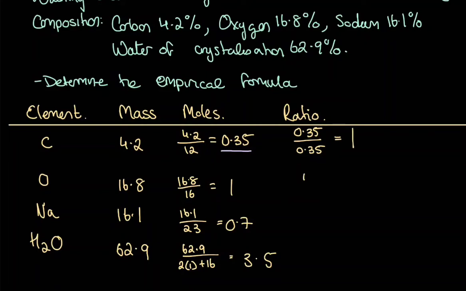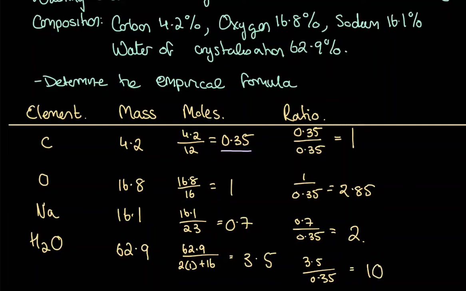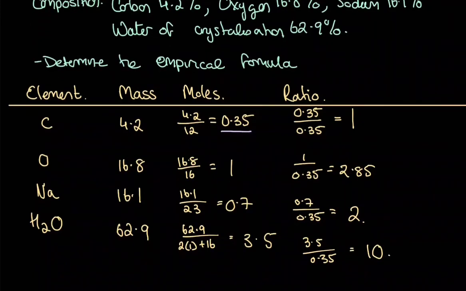See, that's 1. 1 divided by 0.35 is going to give us 2.85. 0.7 divided by it. Okay, so even though this one is not fully there, the rest of them are, so that's okay. We're going to round that up to 3.